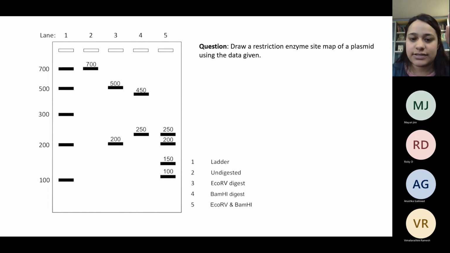When the single digestion is done, the EcoRV sites will divide it into two fragments. One will be of 200, the other will be of 150 plus 250, 400, plus 100, 500 kilobases. And in BamHI, one fragment will be of 250 kilobases, the other will be of 150 and 200, 350, and 100, 450 kilobases.